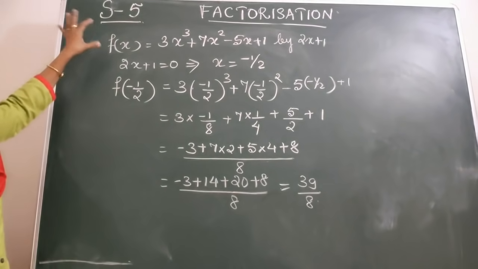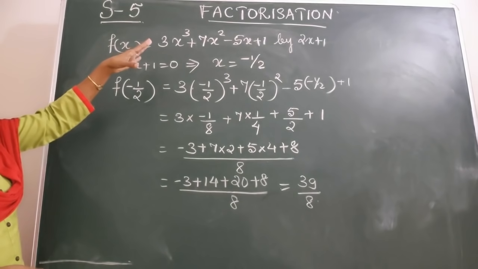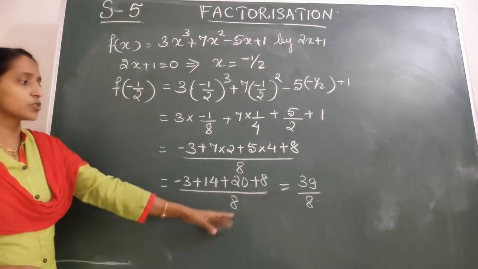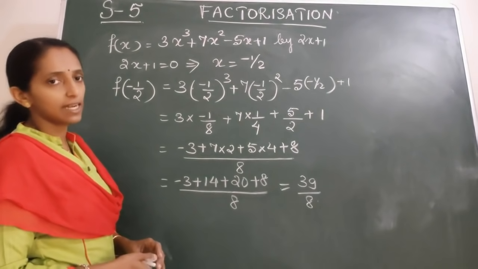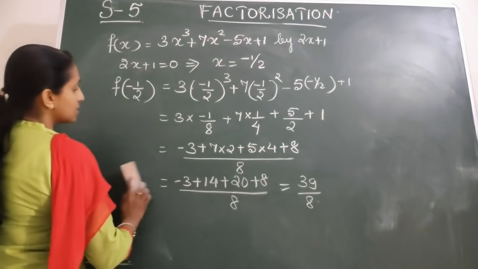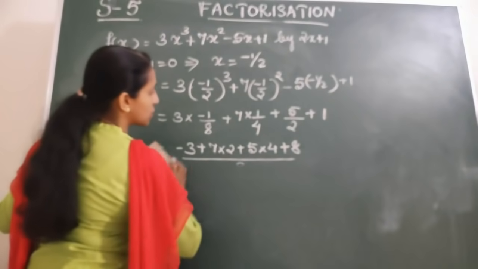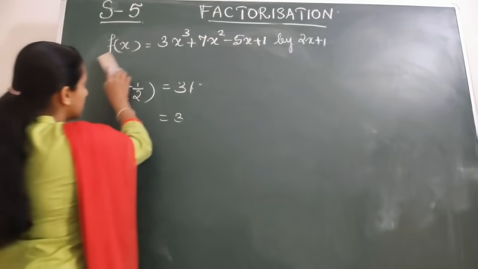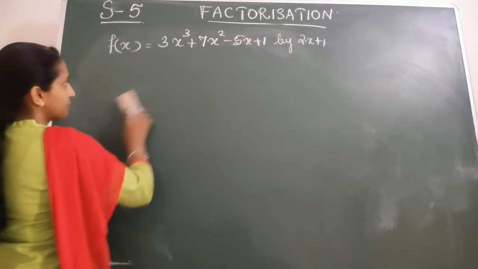So in this question, directly it is given to find the remainder when this polynomial is divided by 2x plus 1. You got the remainder as 39 by 8. It implies that it is not a factor. So this is the concept: without the actual division, find the remainder when it is divided by the term.